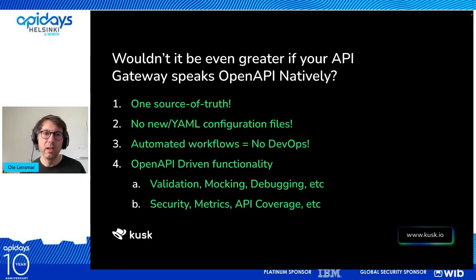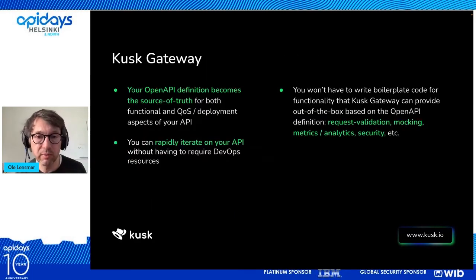You wouldn't have to use another mocking framework, or a bunch of things that we can extract from the OpenAPI definition to provide functionality to make your life as a developer easier. And this is why we built something called Kusk Gateway, which is the extension of Kusk-Gen. Similarly to Kusk-Gen, your OpenAPI definition becomes a source of truth. You can rapidly iterate, but as an additional benefit, you get all these features that we can extrapolate from your OpenAPI definition in your schema.